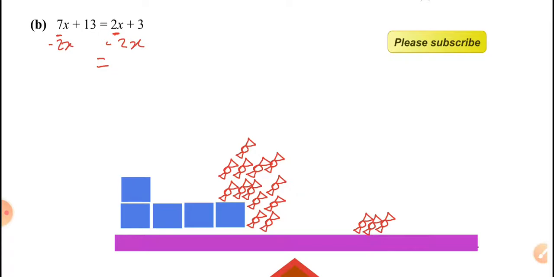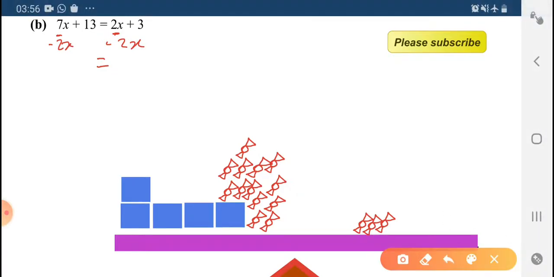Now as you can see, on the right hand side we're just left with the 3 sweets, or we can say the plus 2x and the minus 2x cancelled out, leaving us just a plus 3 there. So write that down. We don't write plus 3, we'll just write 3. So we've got 3 sweets on the right hand side.